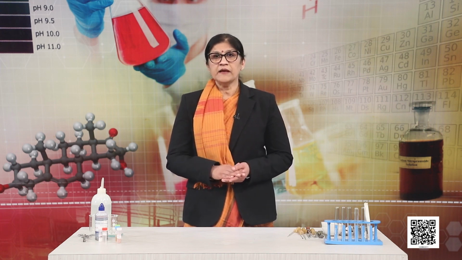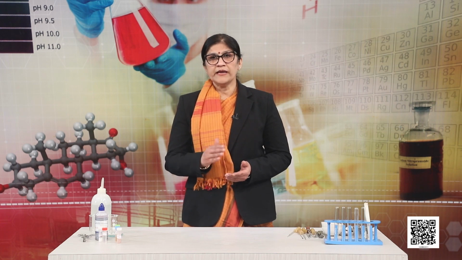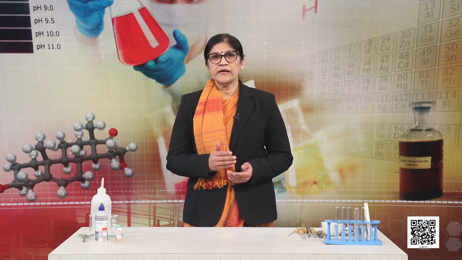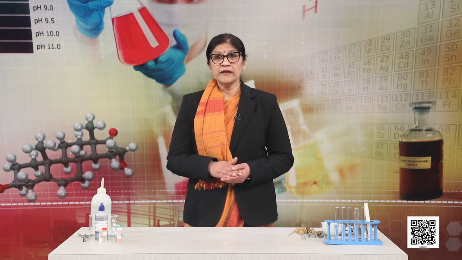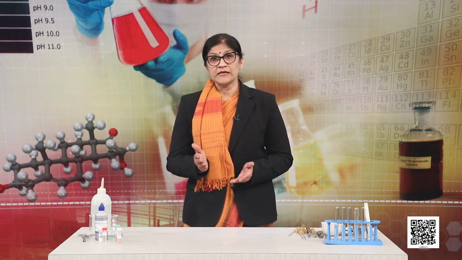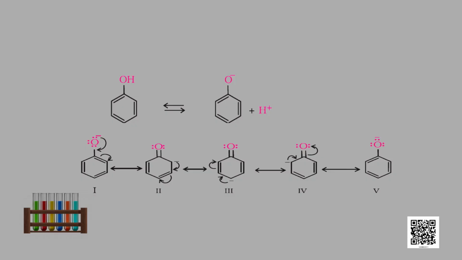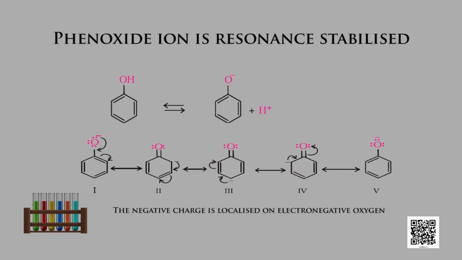Let us examine how a compound in which hydroxyl group is attached to an aromatic ring is more acidic than the one in which hydroxyl group is attached to an alkyl group. The ionization of an alcohol and a phenol takes place, as you can see on the slide.